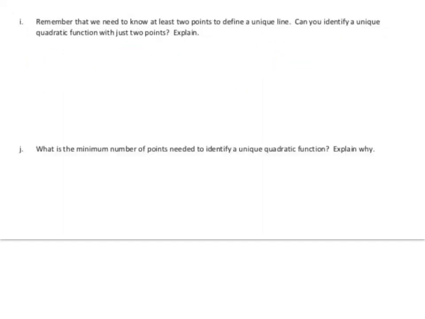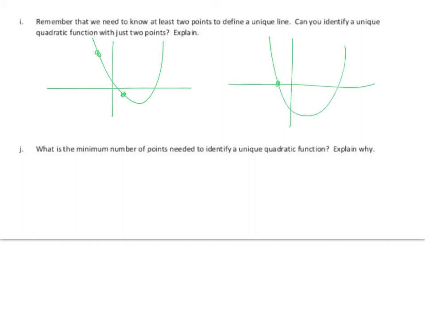Remember that we need to know at least 2 points to define a unique line. Can you identify a unique quadratic function with just 2 points? Now, if I just knew 2 points, it doesn't tell me anything. I guess it depends on the 2 points. If I knew the 2 x-intercepts, yes, I could, but if I know 2 points somewhere else on the quadratic, not enough information.